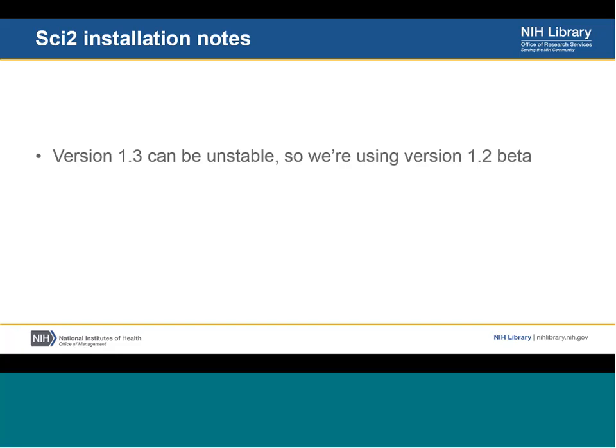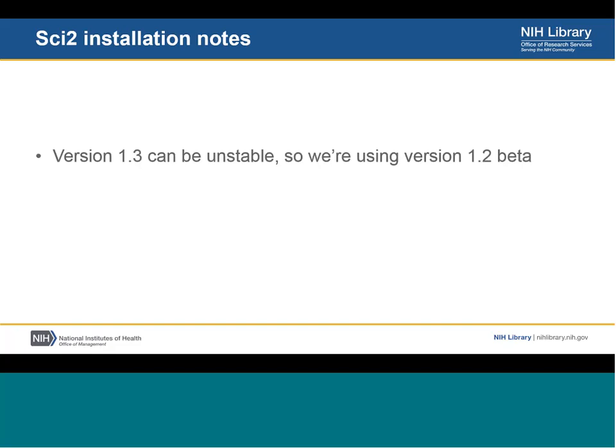We have found that the most recent version, version 1.3, can be very unstable. In many cases, it just doesn't work on certain platforms. Anecdotally, we've never actually been able to get it to work here at NIH. So in this course and in all of the follow-up courses, we're going to be using version 1.2 beta, which is the older version.